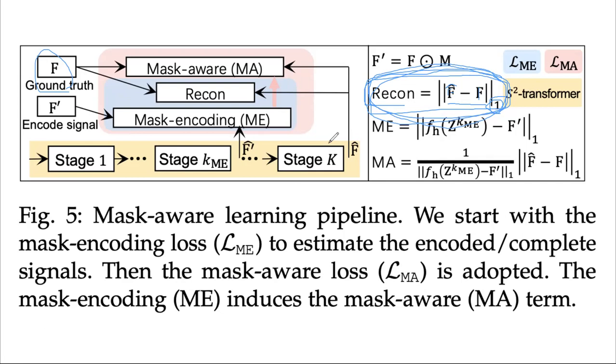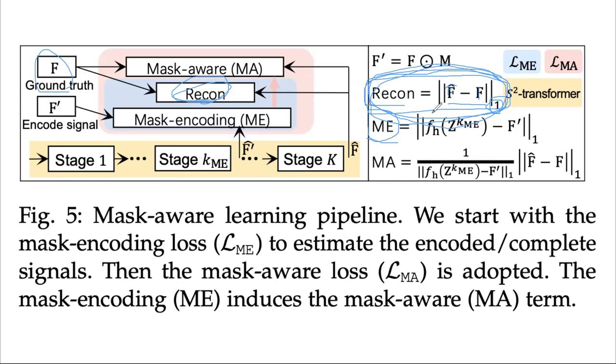And specifically, at the beginning they introduced mask-aware. At the beginning, we just use reconstruction loss, and then we have ME, which is mask encoding loss.